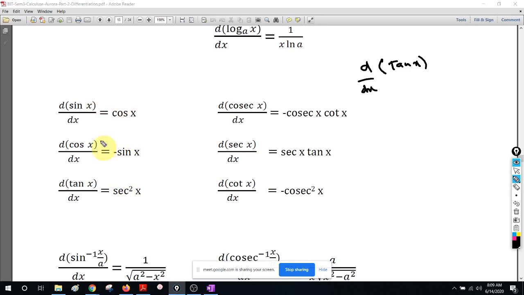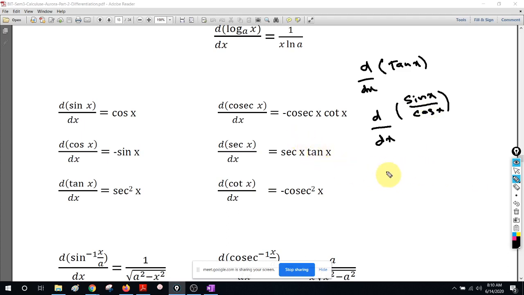Assuming these two we know, we are going to do something like this, just to get things confirmed. I am going to write it as sin x divided by cos x, because we know that tan x is sin x divided by cos x, right? So now this is a division. So remember, division means below into the right, down derivative of up minus up derivative down divided by down square.